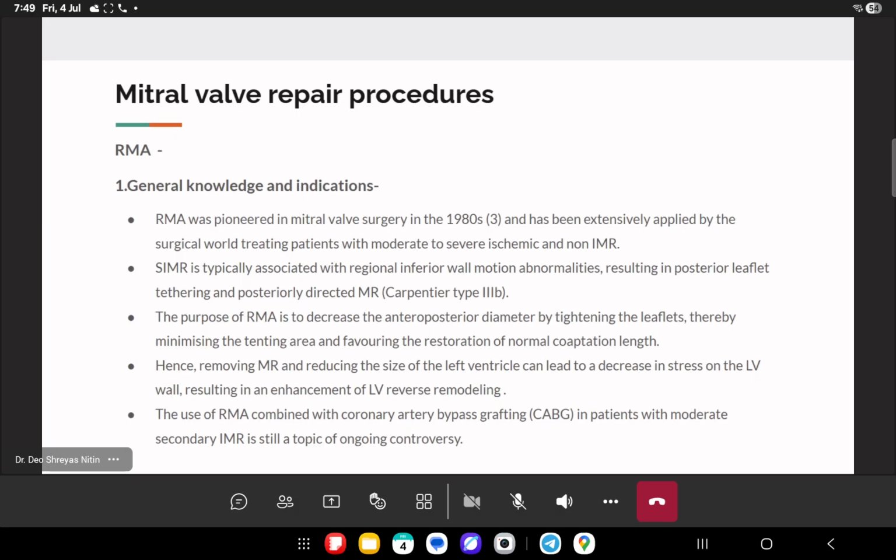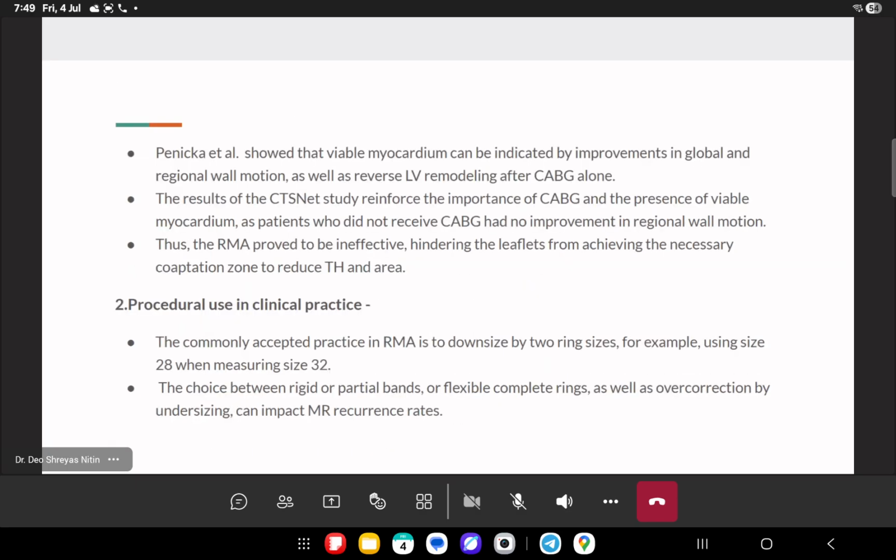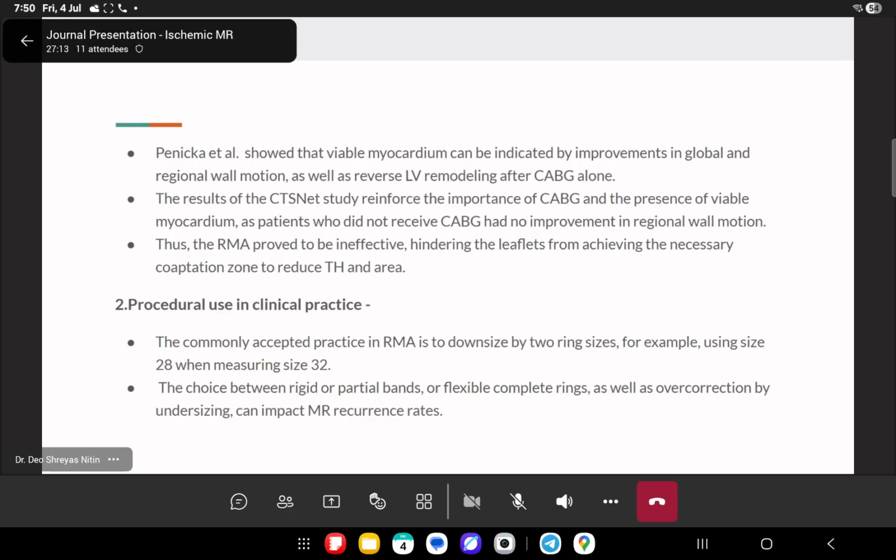The use of restrictive mitral annuloplasty combined with coronary artery bypass grafting in patients with moderate secondary ischemic mitral regurgitation is still a topic of ongoing controversy. Penicka et al. showed that viable myocardium can be indicated by improvements in global and regional wall motion as well as reverse LV remodeling after CABG alone.